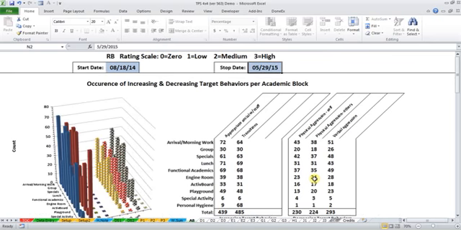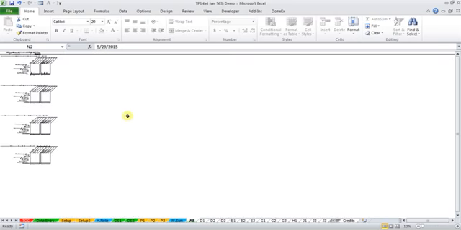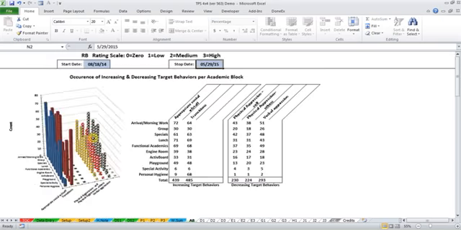Let's see what we've got here. So we'll leave this for the whole year, so it's just going to take all the data that RB has to offer. I'm going to make this smaller just to show you the layout. Is that small enough? We have 4 graphs that are going to be shown using the same style.